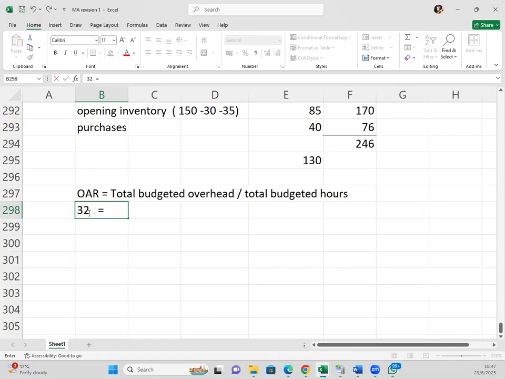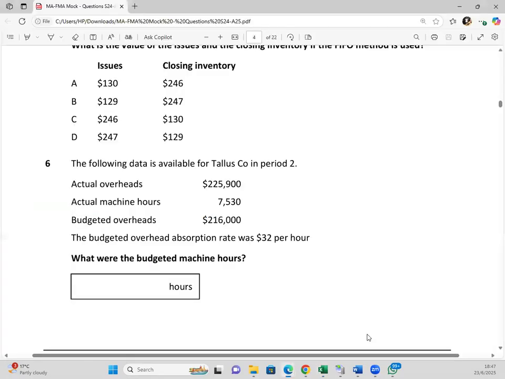Then the budgeted overhead. What is the budgeted overhead, by the way? Please just pick those amounts. It's 216,000. We are not dealing with the actuals, we are dealing with the budget.